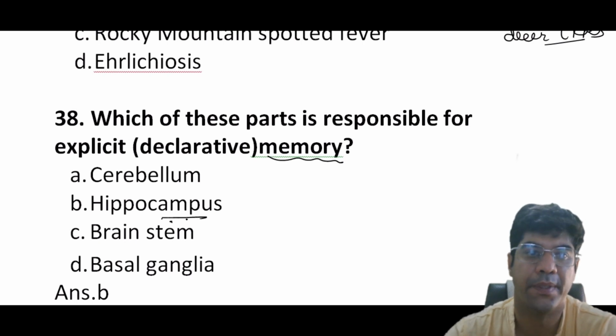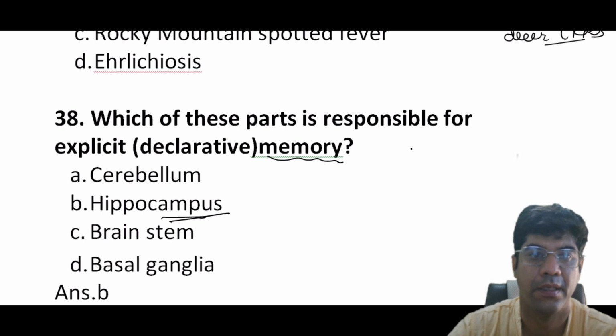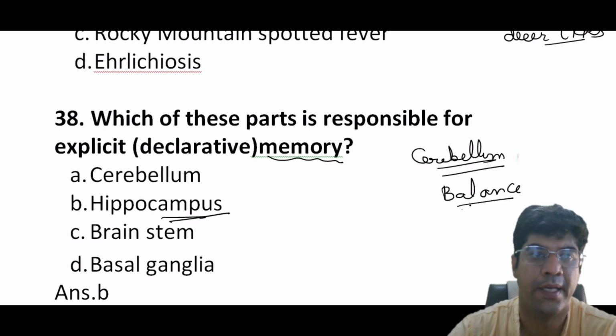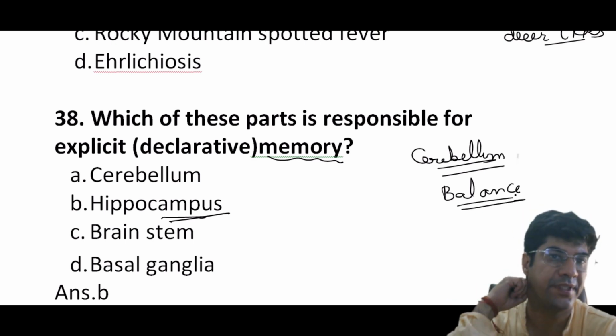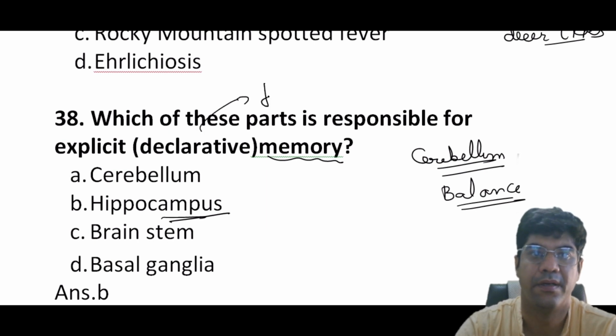Which of the following parts is responsible for declarative memory? It's the hippocampus. Remember, the cerebellum is involved in coordinated voluntary movements and balance, and not declarative memory. The hippocampus is important for the formation and organization of declarative memories like facts and personal experiences.